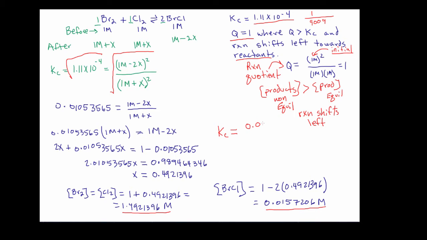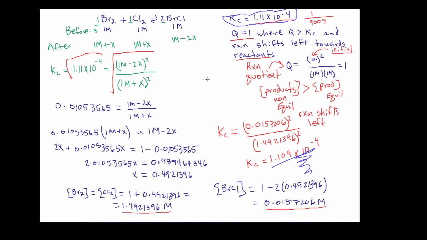So in the top here, it's going to be 0.015726, that quantity squared, divided by 1.492136, and that quantity is squared because we've got two of the values, Br2 and Cl2, and the grand total is 1.109 times 10 to the minus fourth, and you see that there's a beautiful correlation between that and the actual equilibrium constant that we were given at the beginning of the problem.